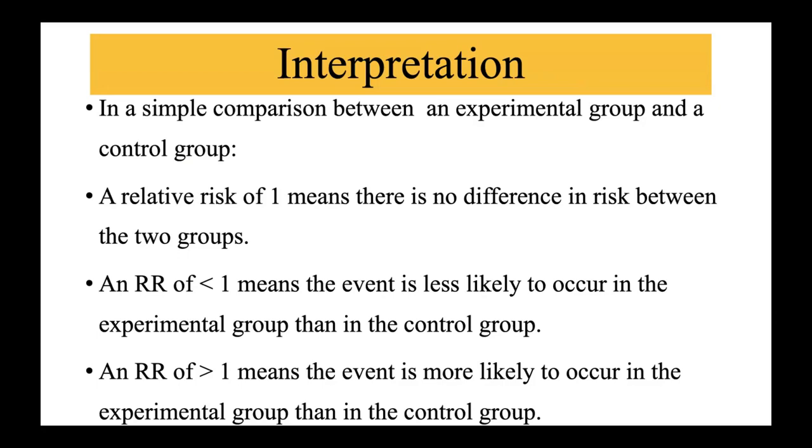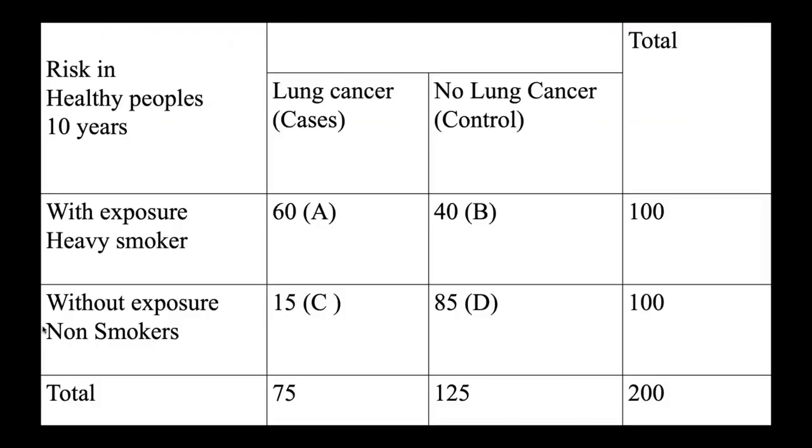Now it is clear? So the relative risk is relative. And if in this question, with exposure there are 15 and without exposure there are 60, again we have to calculate the relative risk.